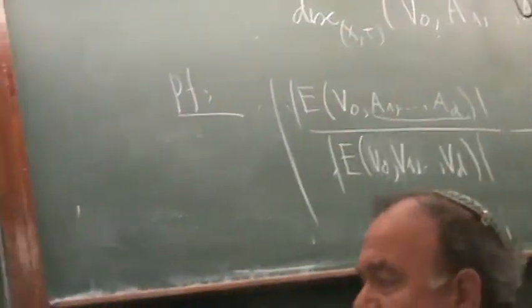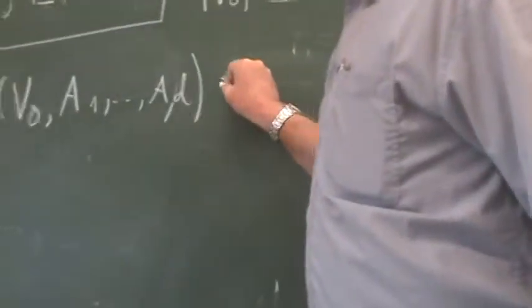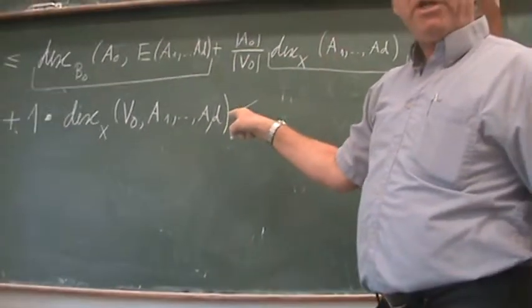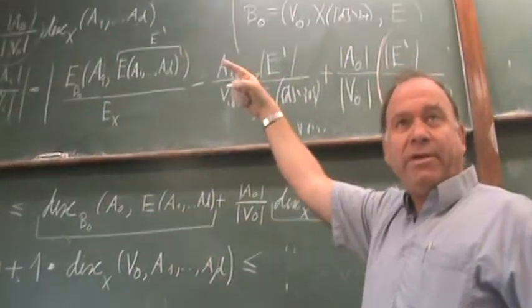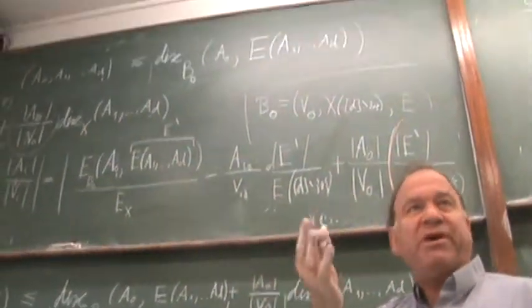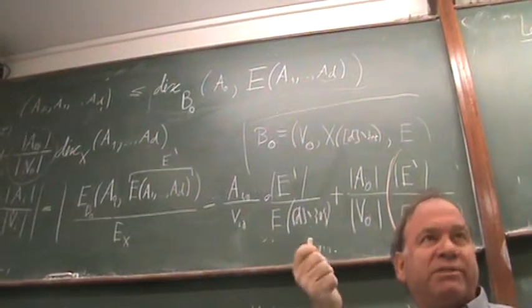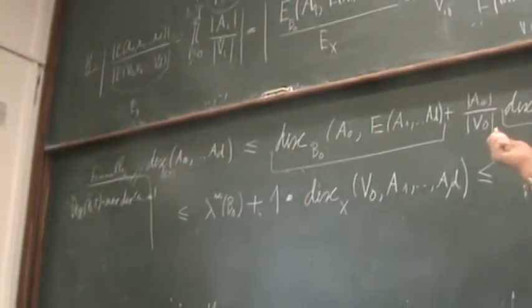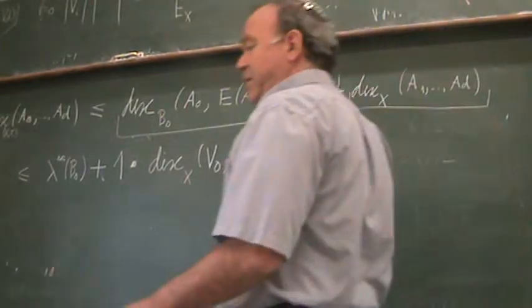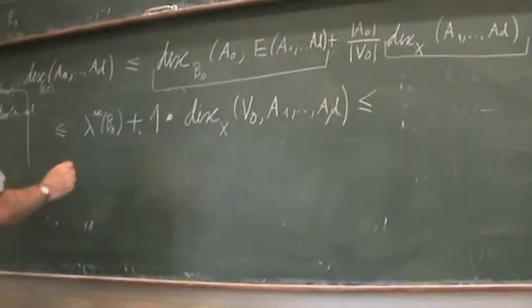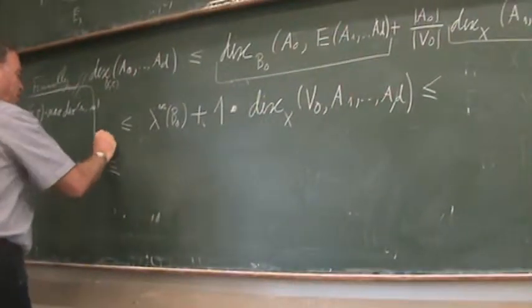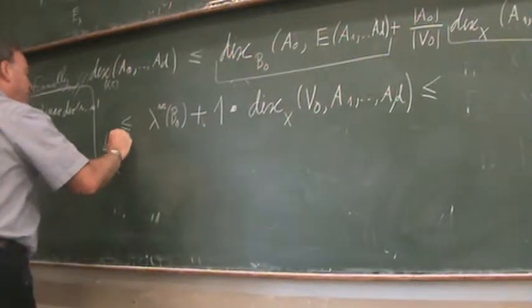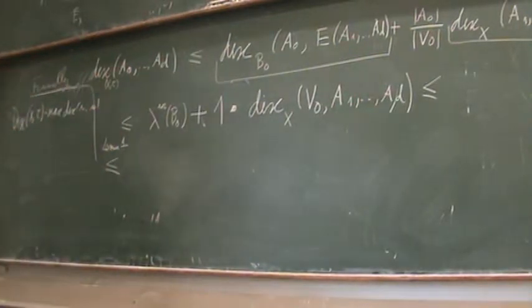Now, there was nothing special here when I proved lemma 1. I proved it for V0, for the first, but there was nothing special about color 0. This is the same as in all the other colors, right? So this is the same, so this will be at most. Now I'm using the essence of lemma 1, not formally lemma 1, because I'm using it for A1.